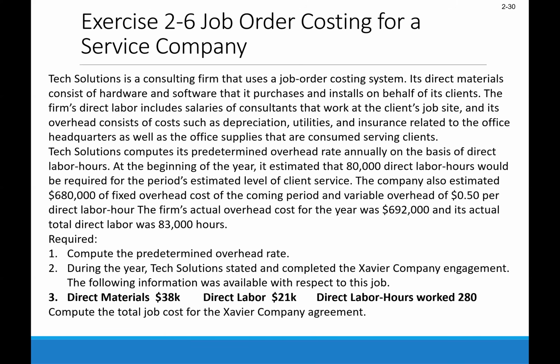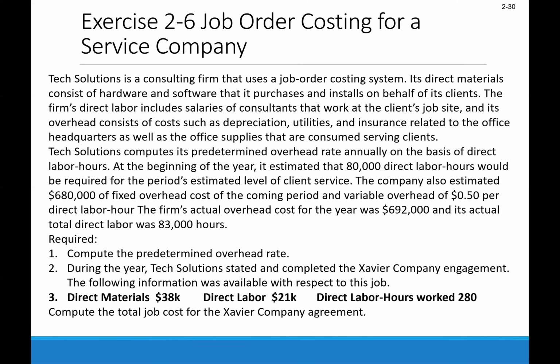Tech Solutions computes its predetermined overhead rate annually on the basis of direct labor hours. At the beginning of the year, it estimated that 80,000 direct labor hours would be required for the period's estimated level of client service. The company also estimated $680,000 of fixed overhead cost for the coming period and variable overhead of 50 cents per direct labor hour.